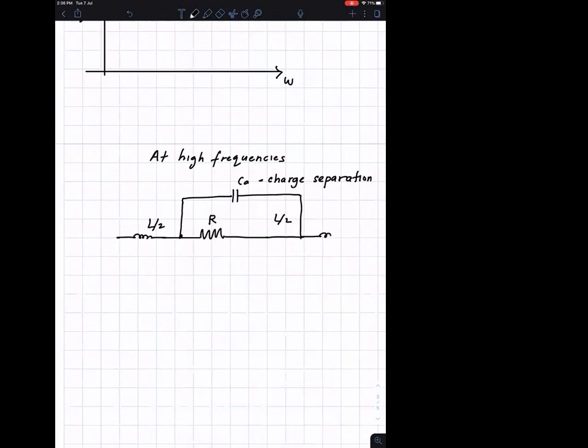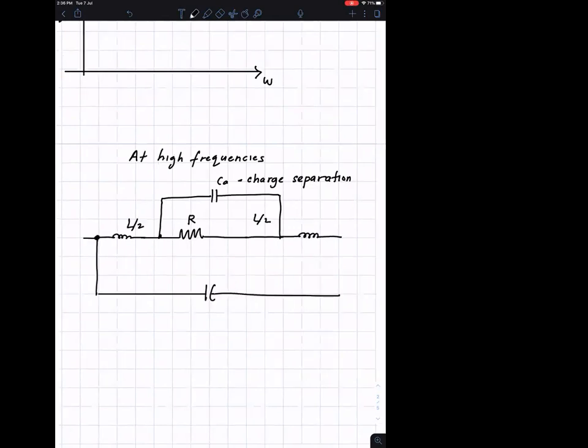If you're not listening, from the input to the output, and this is called, let's call this a C subscript B, interlead capacitance. Actually, this is the complete model of a resistor.